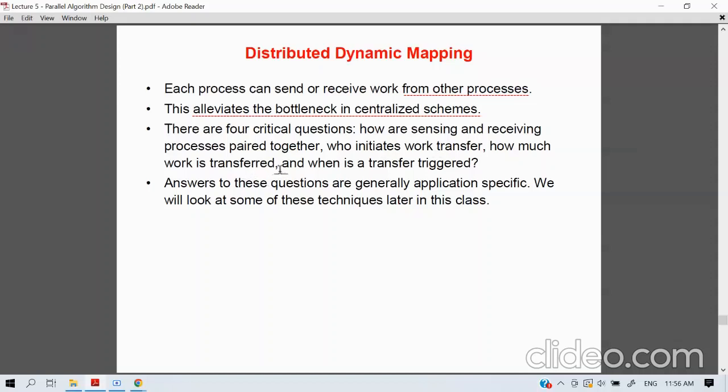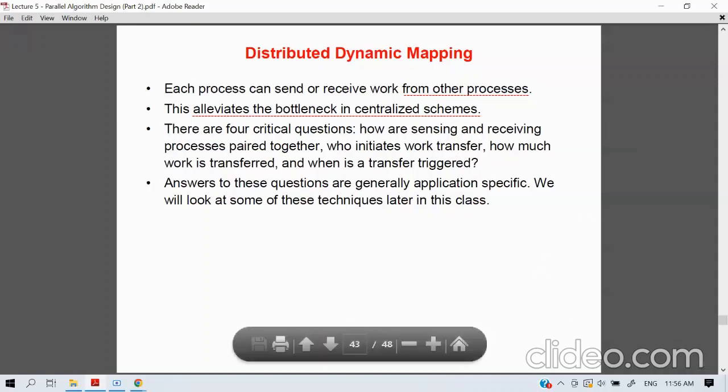We need to think about this. And when is a transfer triggered? If we do not have the controller, all the processes need to consider this kind of question to avoid the traffic jam. The answers to these questions are generally application specific. We will look at some of these techniques later. So there are some complex procedures that we need to consider when we want to implement the dynamic mapping.